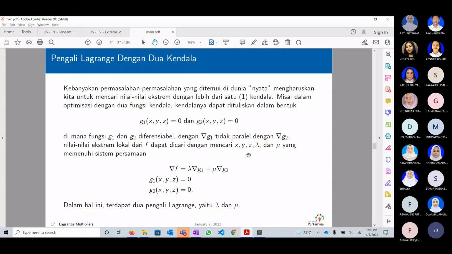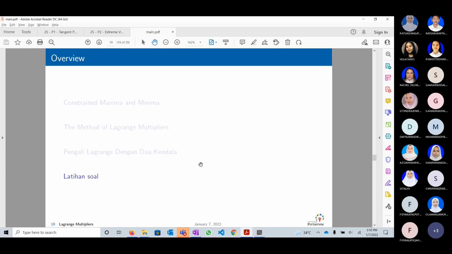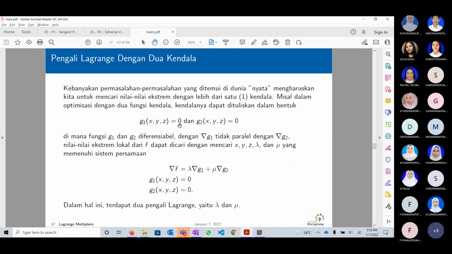Then okay, what happens if we have two constraints? In the previous example we only had one constraint g. Now we have two constraints, g1 and g2. In this case we simply need to solve these three equations.